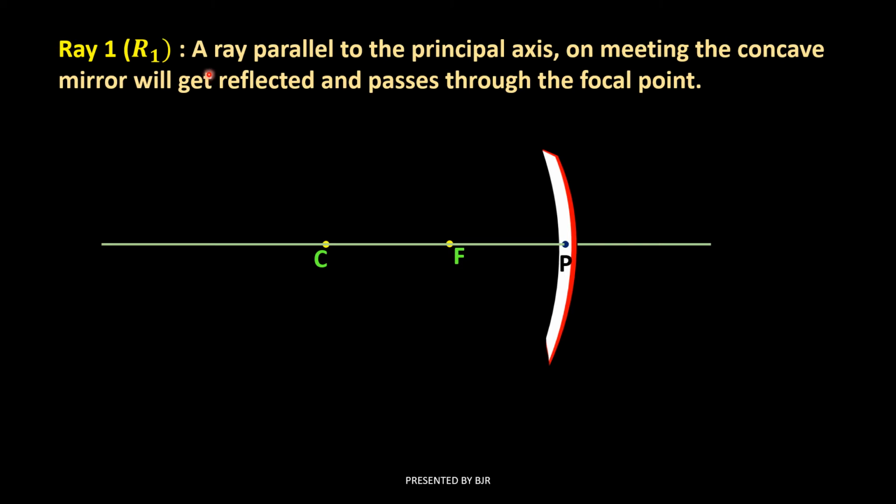I will use this ray. See here, this is the behavior of this ray. This ray is traveling parallel to the principal axis and falling on the concave mirror at this point, and here it will get reflected, and the reflected ray will pass through the focal point like this.